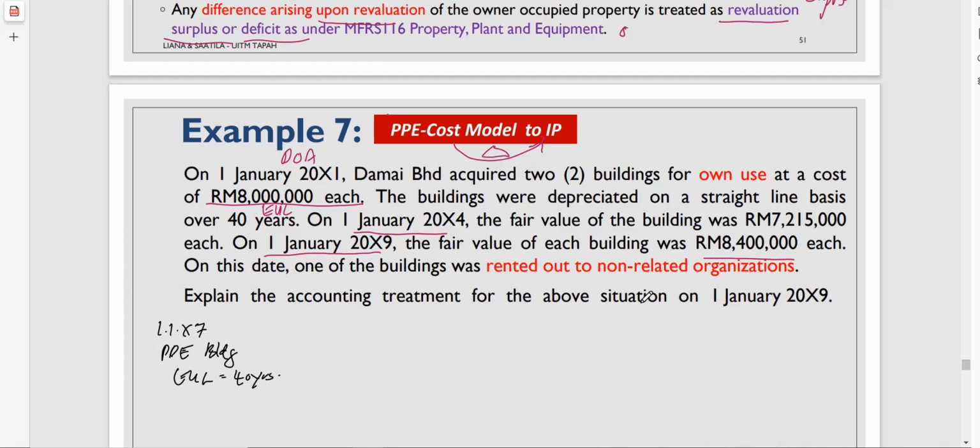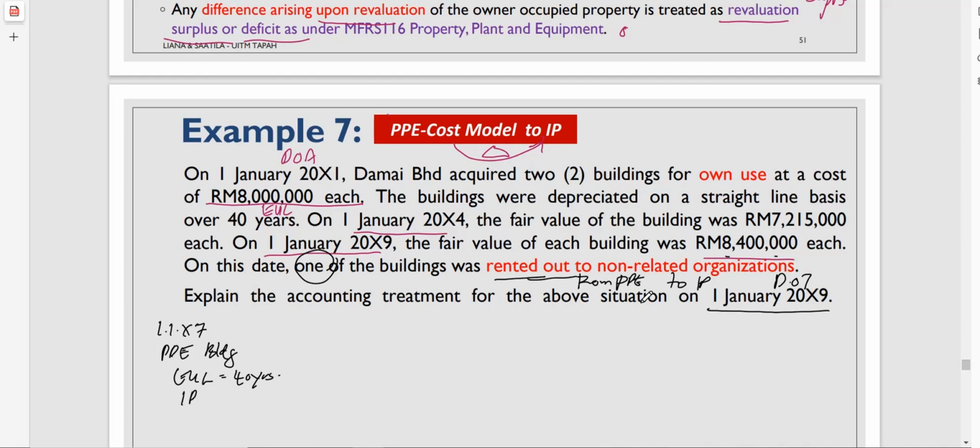You need to look at what happened on the date of transfer, which is the date where the fair value of each building happened to be 8.4 million. And on this date, one of the buildings, not all, was rented out. So that was a change from PPE to IP because it was rented out to a non-related organization.